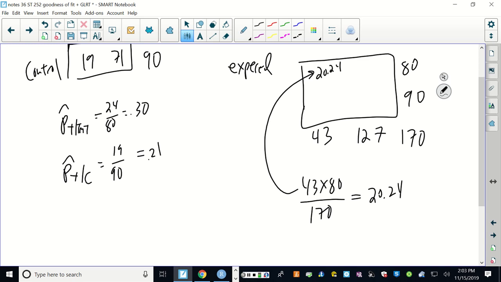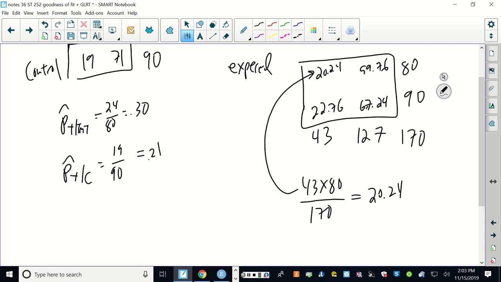If you do a similar thing for the other three, and once you do one in a 2x2 table, they have to add up. So it's 59.76, and this one adds up, so 22.76, and this way 67.24. Those are the expected values.